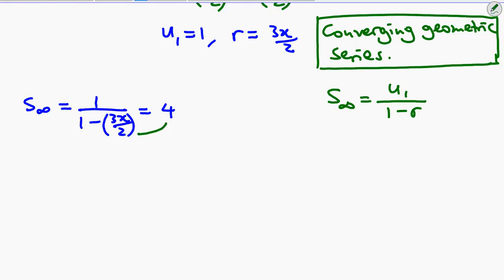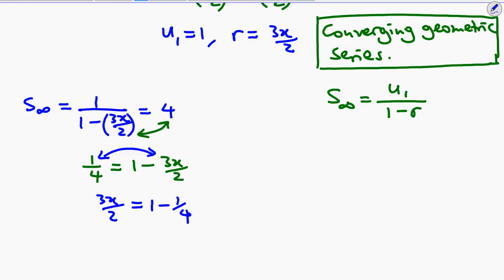We can swap these to end up with 1 over 4 is equals to 1 minus 3x over 2. And then you can swap these as well to end up with 3x over 2 is equals to 1 minus a quarter. And 1 minus a quarter is 3/4.